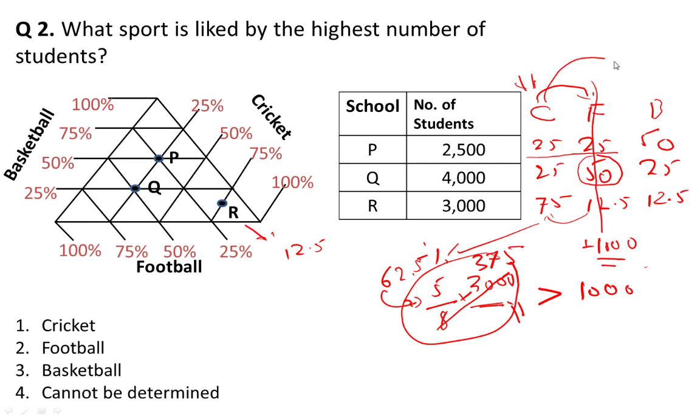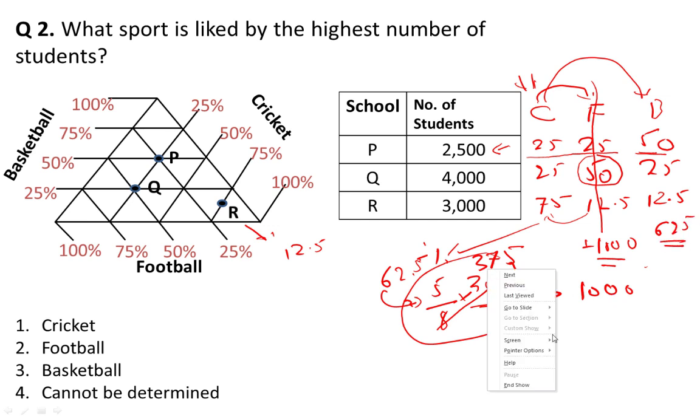I will compare cricket to basketball. Here basketball has 50% of P while cricket has 25%. That means basketball has 25% more. And what is 25% of 2,500? It's 625.